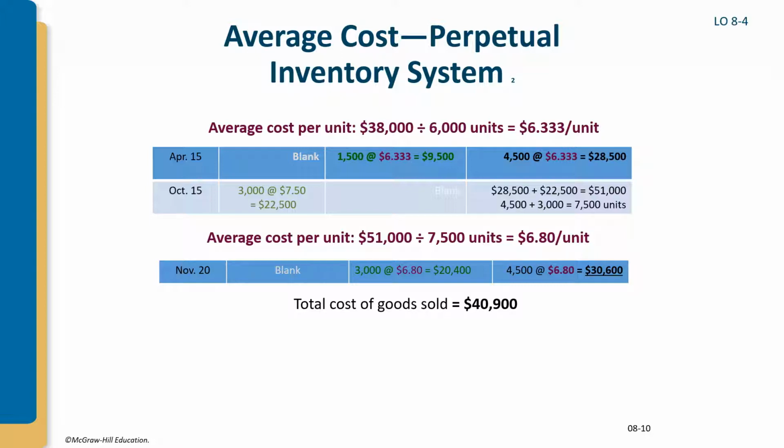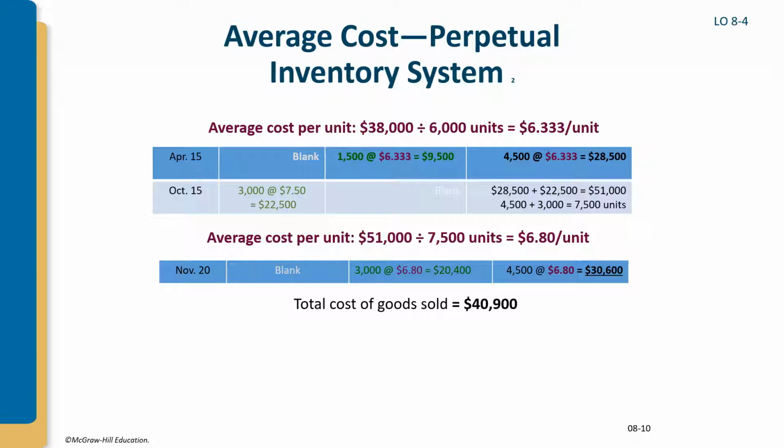On the 15th, when we purchase 3,000 more at $7.50 each for a total cost of 22,500, update the average cost per unit. Before the purchase, total cost was 28,500. This purchase added another 22,500 of cost.